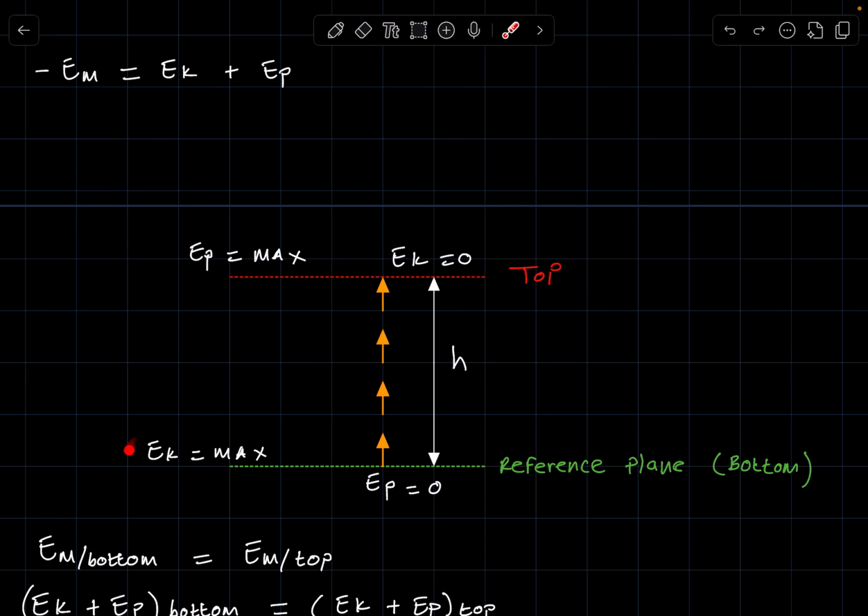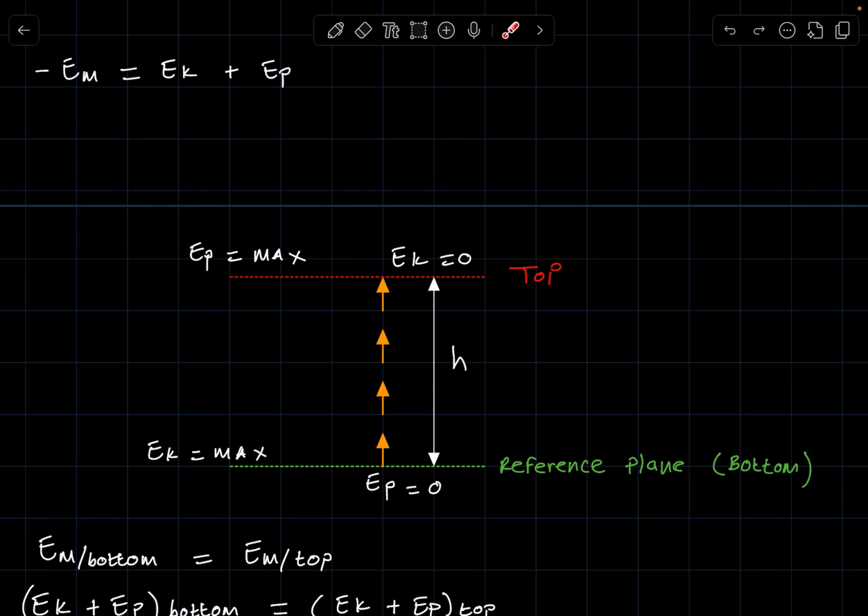Alright, now as far as the kinetic energy, when the object is projected, as soon as it leaves the reference plane, that is when the velocity is at its maximum, and that is when the kinetic energy is also at its maximum.